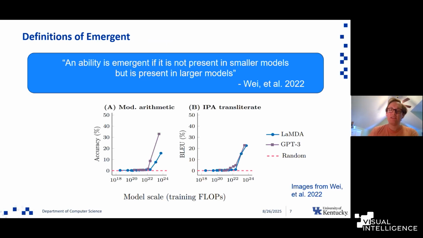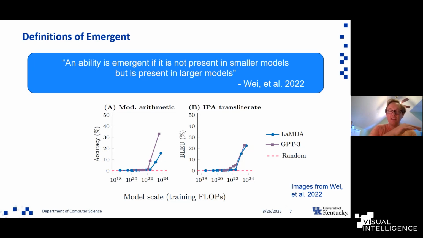Here's a couple tasks taken from that paper, Wei et al. We have modular arithmetic and IPA transliteration, which is the International Phonetic Alphabet. This model is pre-trained on text next token prediction, so this is a language model, and we're applying it to these different tasks. On the x-axis is model scale, which is the number of training floating point operations in this case.